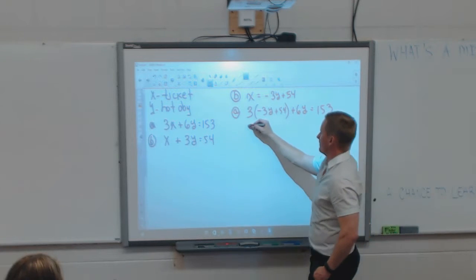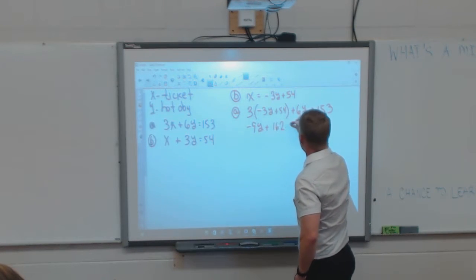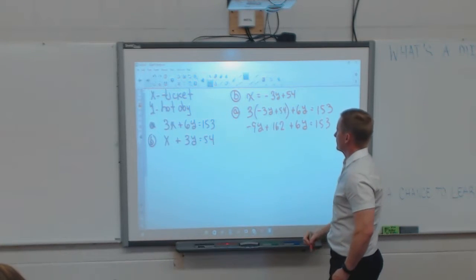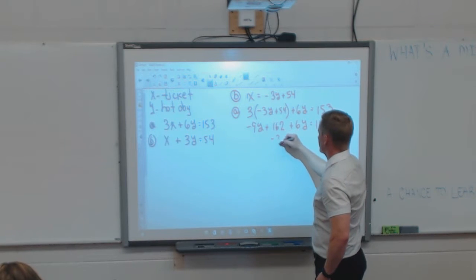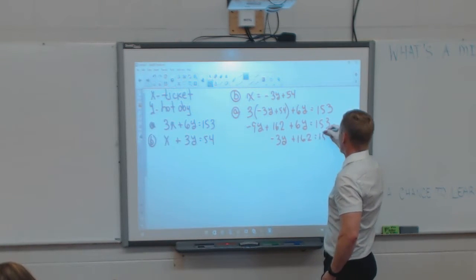Now I solve it. Minus 9y, add 162, add 6y equals 153. That means that minus 3y, add 162 equals 153.